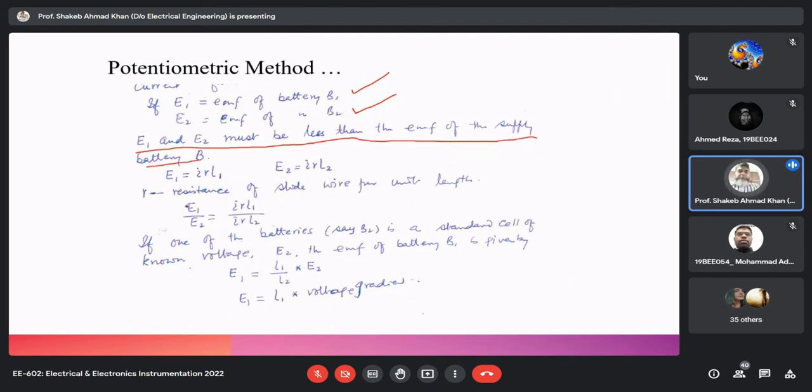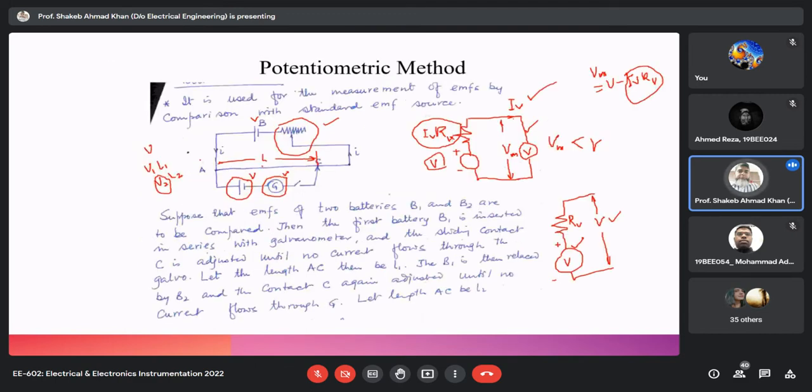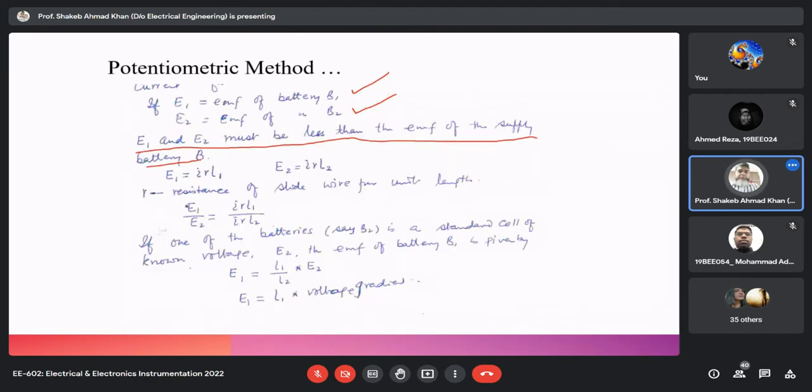So as you know, for E1, suppose the equation is L1, means you are finding the null deflection at length L1, and r is the resistance of the potentiometer wire per unit length. So when we multiply r with L1, you will get the resistance of that section.